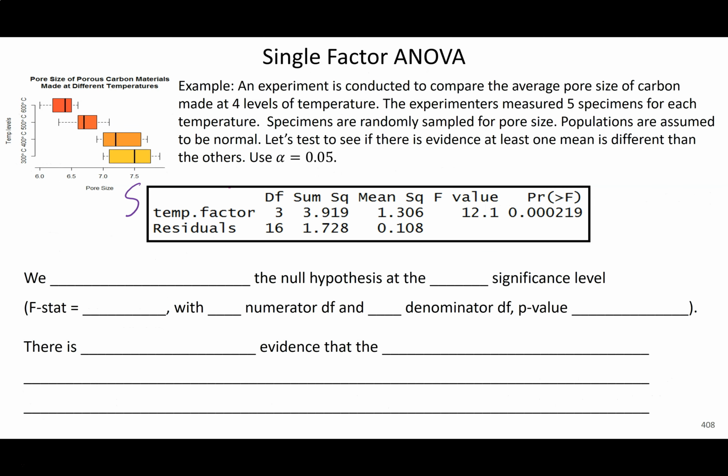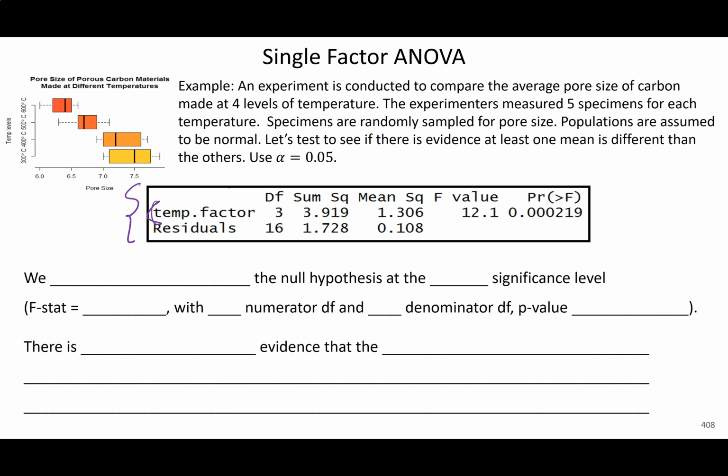So this is my ANOVA table for the example that we used in lesson 31. We have 5 carbon materials, and we have them each at 4 different temperature treatments: 300, 400, 500, and 600 degrees Celsius. And we want to see, on average, does the average pore size differ for at least one of those treatment groups?